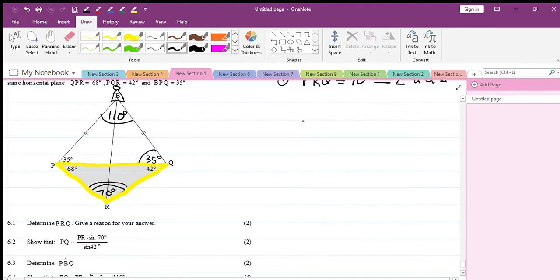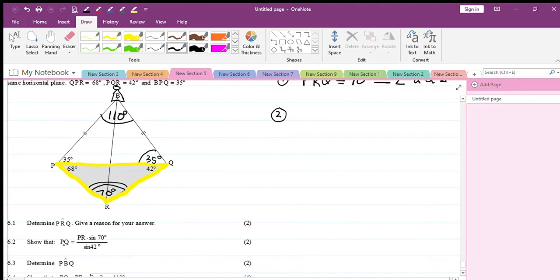Now, what do we do to answer this second question? We can see that we've got sine 70, sine 42, so we need to set up an equation using the sine rule. Right, what does the sine rule state for us?